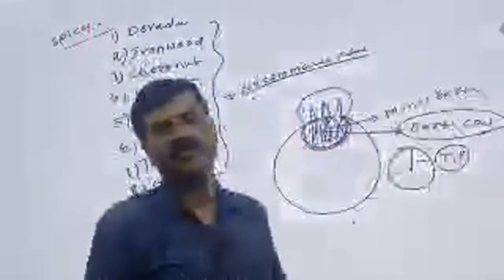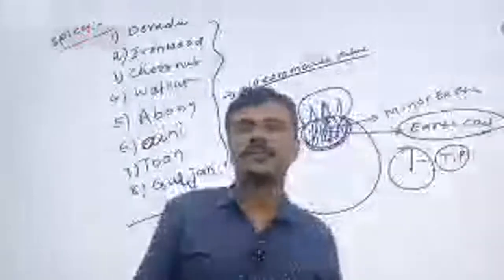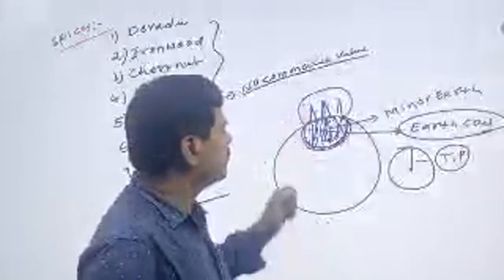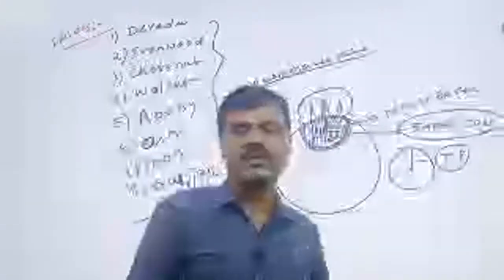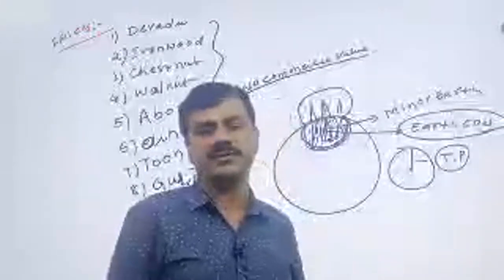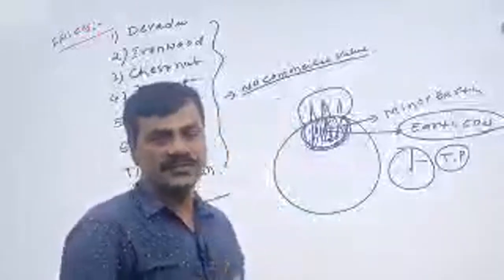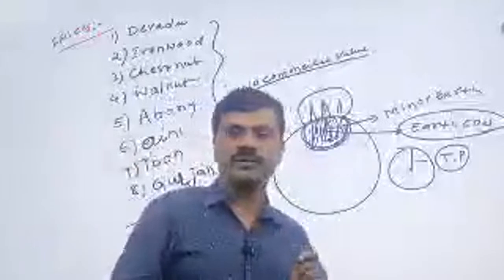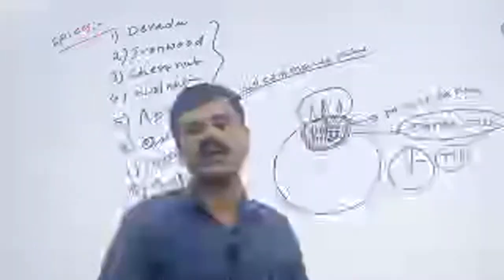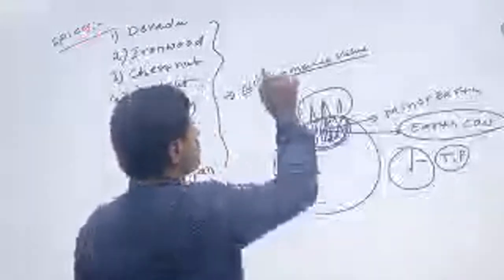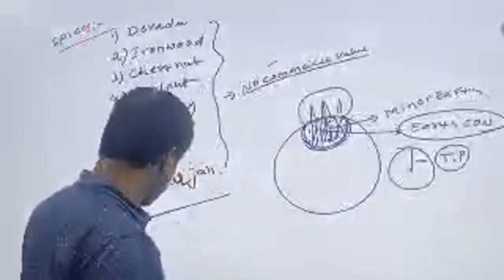From this earth coal, we get thermal power and it is used for different purposes. So after lakhs of years we get earth coal, and from this coal we make thermal power. Commercially, this is very useful.